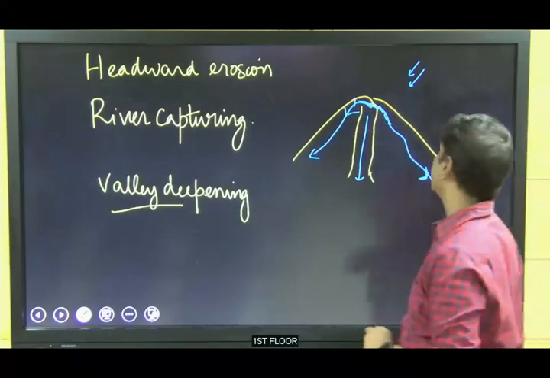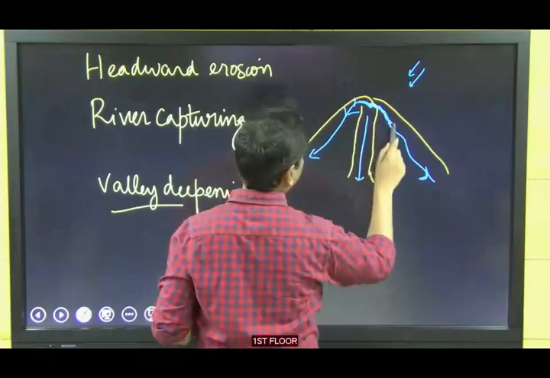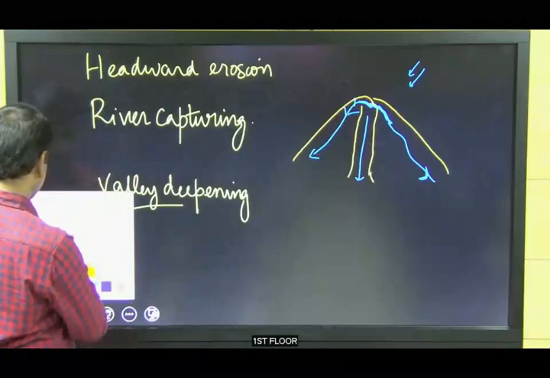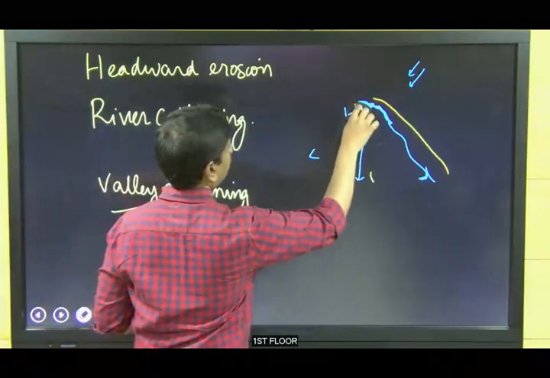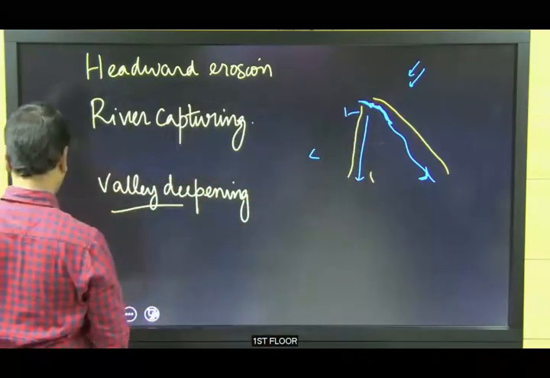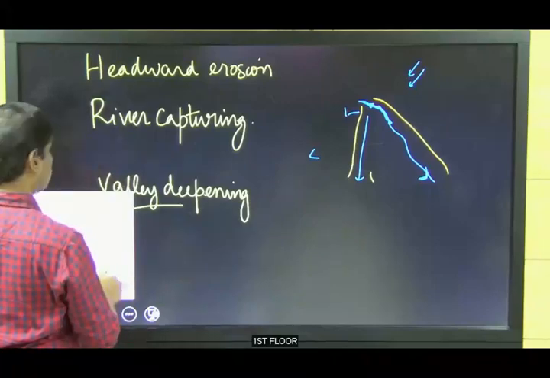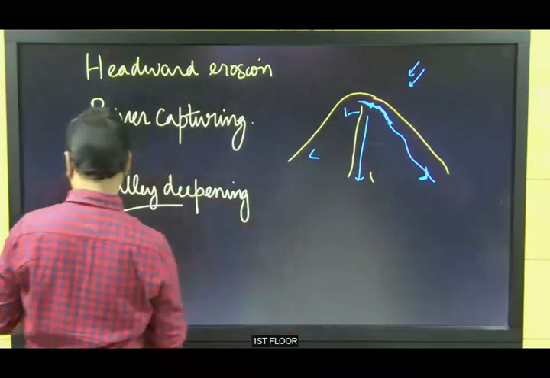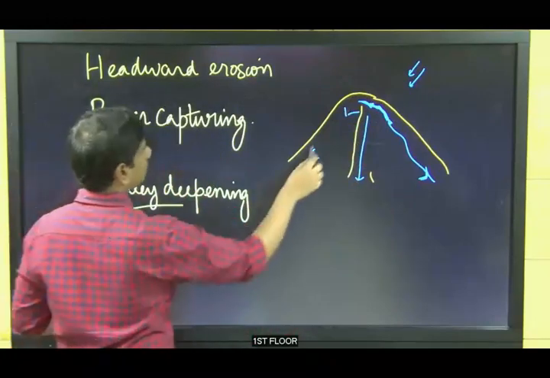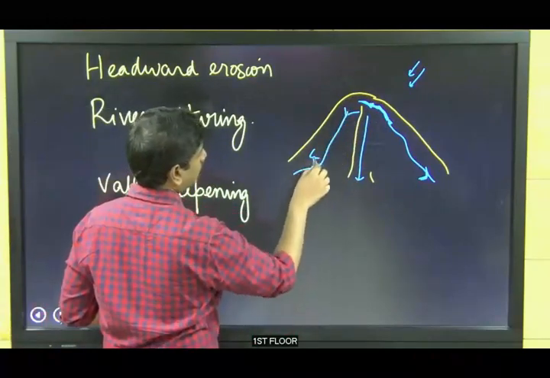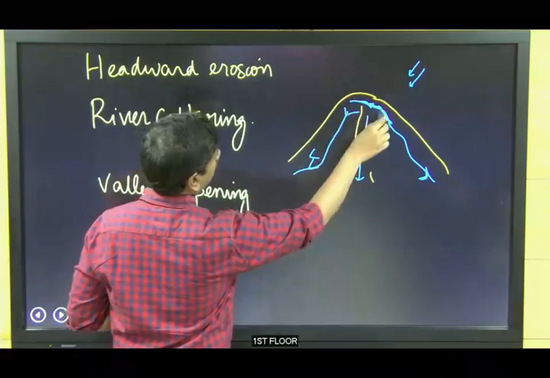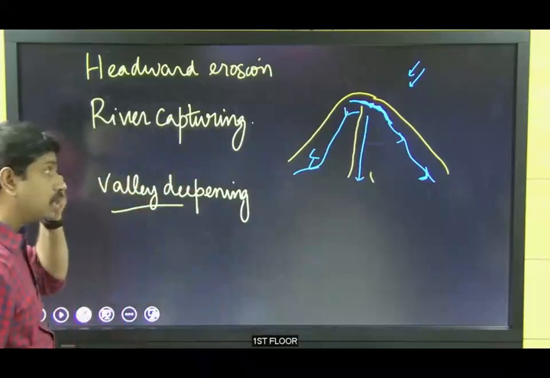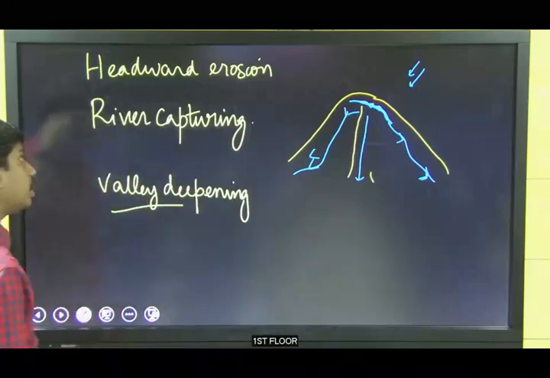They may meet. Whichever side the slope is there, here the line will be cut off. So this will become a separate river, and the initial portion of this river will join with this river. This is known as headward erosion.